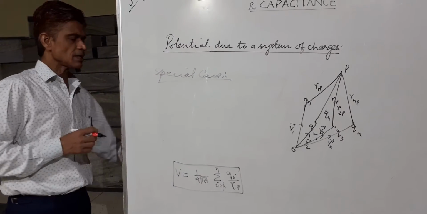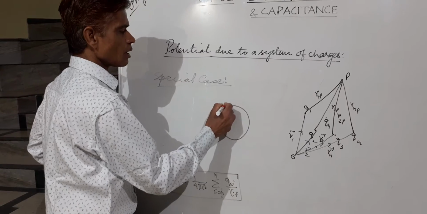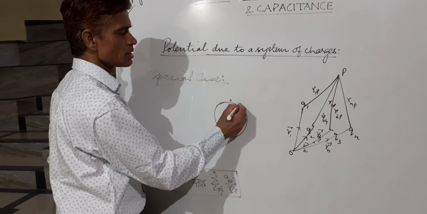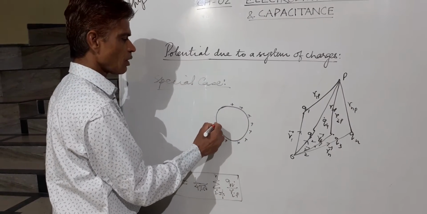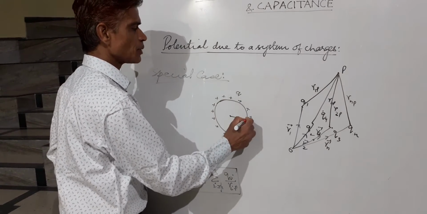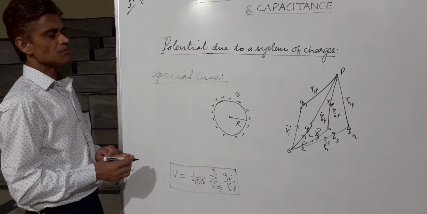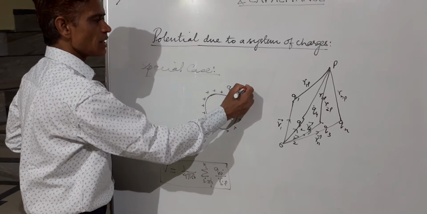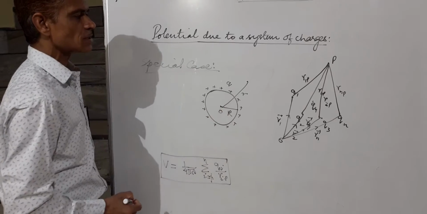Let us see what is the electric potential due to a thin spherical shell which is uniformly charged. Suppose charge Q is distributed on this shell of radius capital R. So what is the electric potential at a point outside this spherical shell at a distance small r from the center O of this shell?